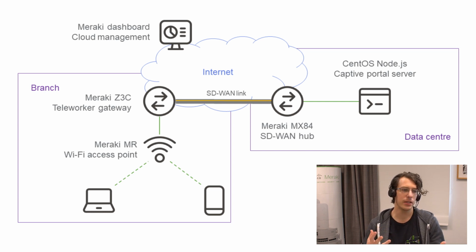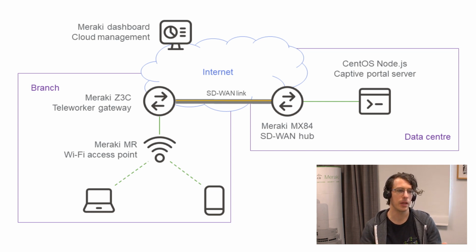So the idea is that for laptops, I will give corporate access, which, well, in my lab doesn't really do much, but in theory, you could push things like firewall rules, traffic shaping rules, all sorts of either restrictions or enabling a wider set of access or a better quality of access for your enterprise or your corporate workstations.